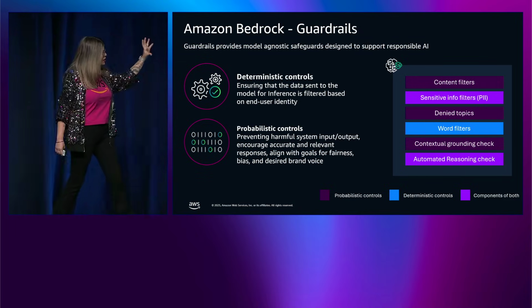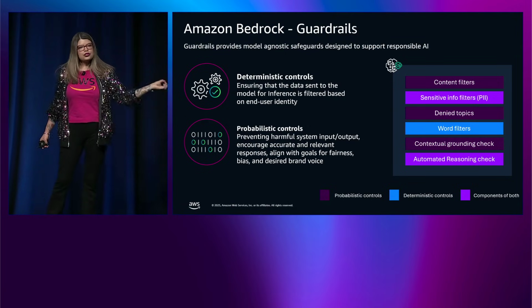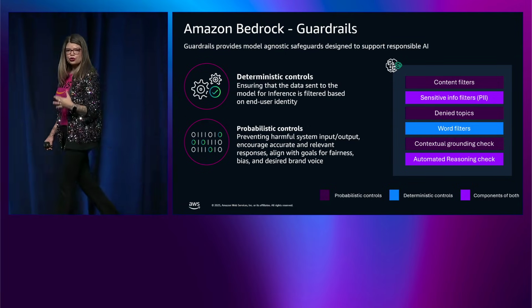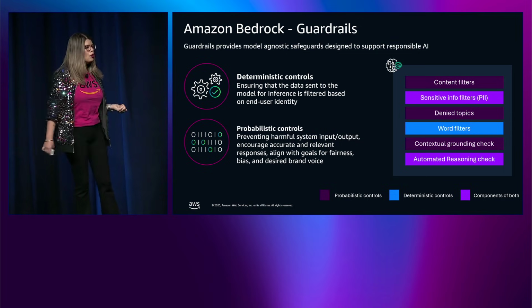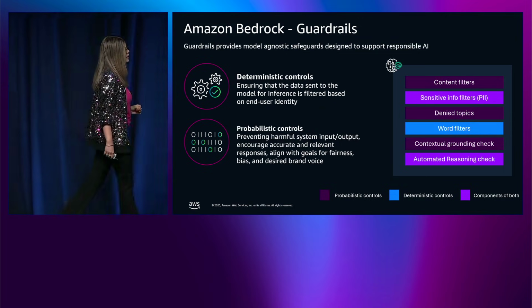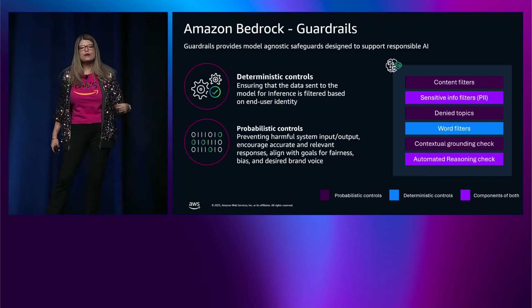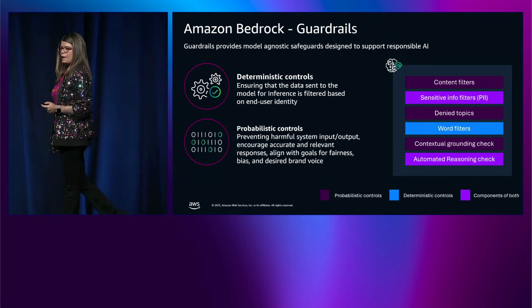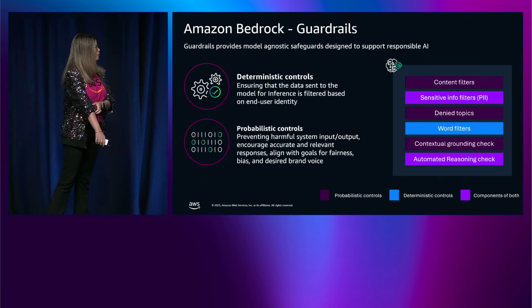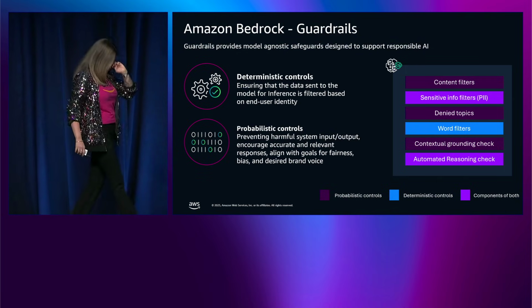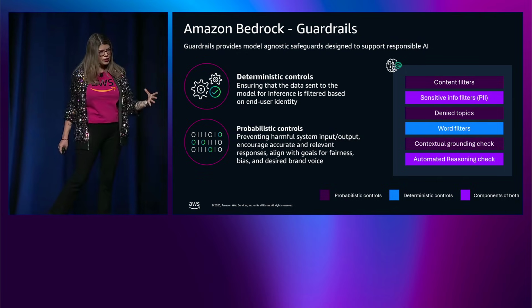For the probabilistic controls, we are going to choose a determined threshold to say what is acceptable. So here we have categories like violence, misconduct, something that is more, then we have hate speech as well.